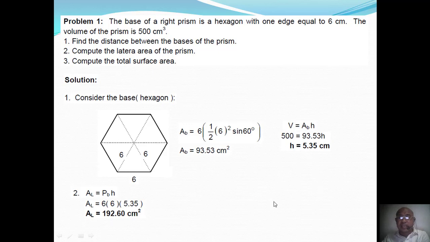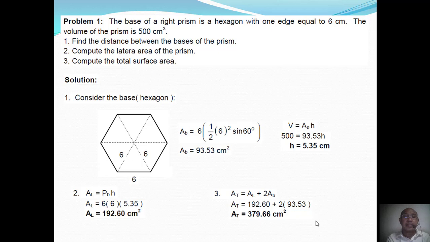And the total surface area is equal to the lateral plus the base areas. So 192.6 plus twice 95.53. That is 379.66 square centimeters. Okay, so that is about the prism.